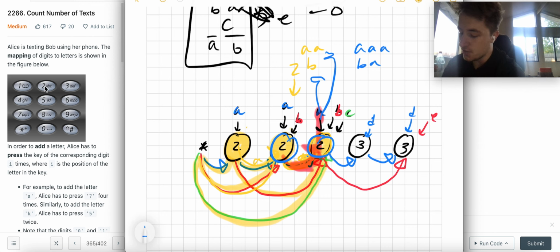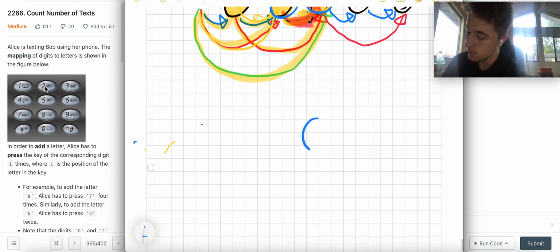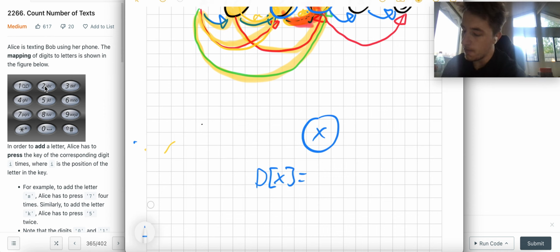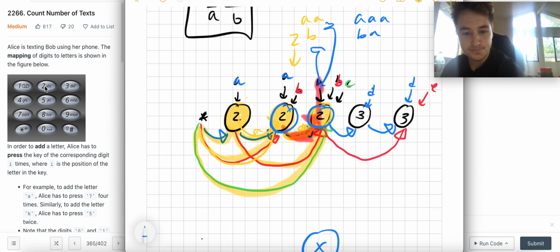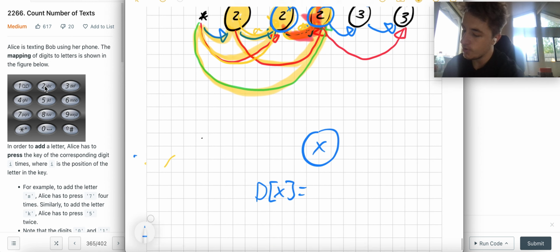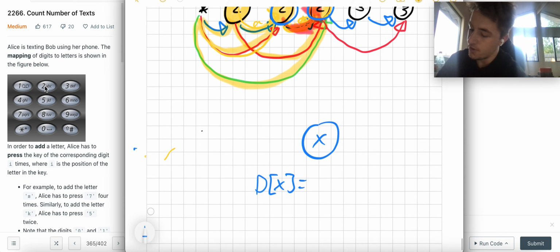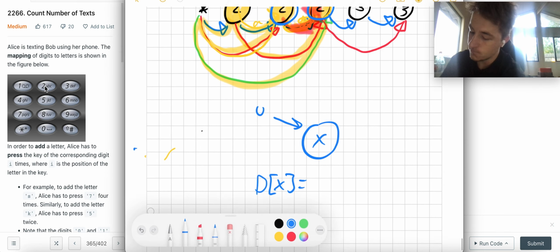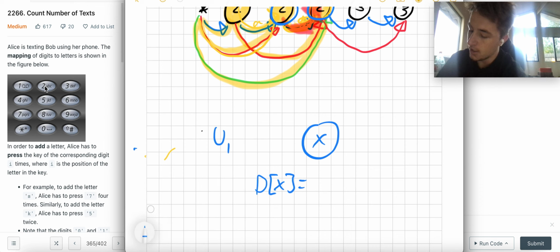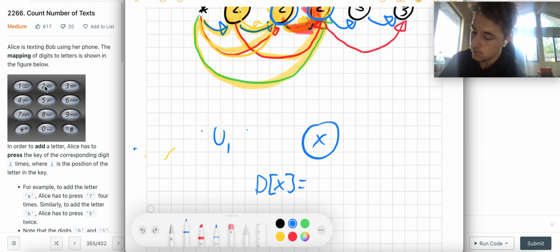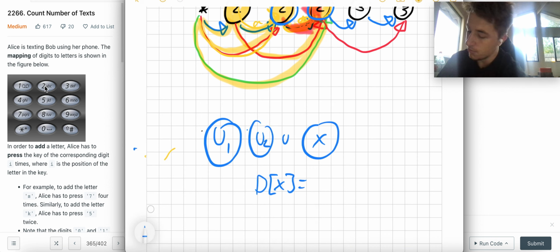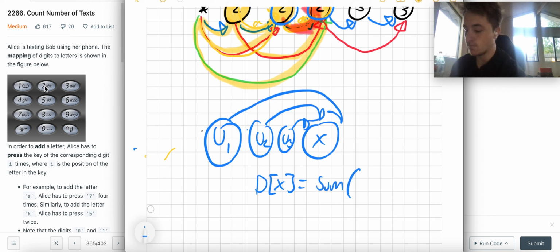So the number of solutions for a general node X, I'll call it D of X, is, well, the incoming edges of X. So if there are these nodes U1, U2, U3 going into X, they all have edges into X. It's the sum of U i.